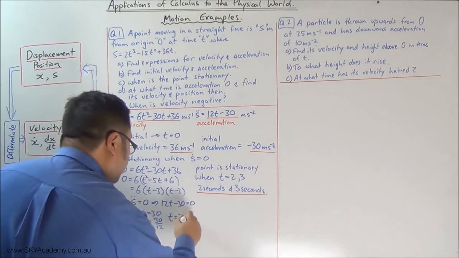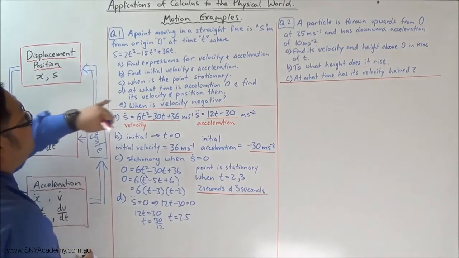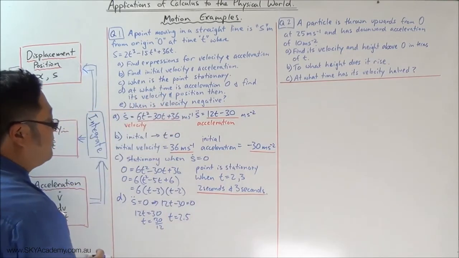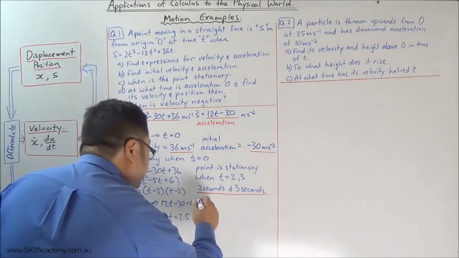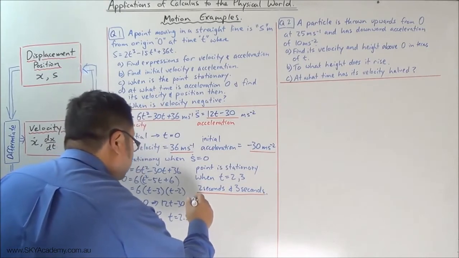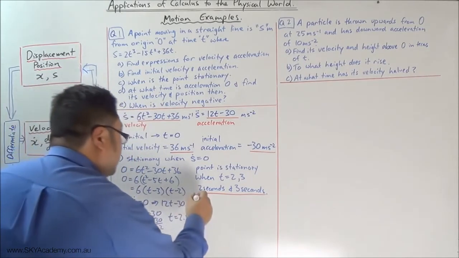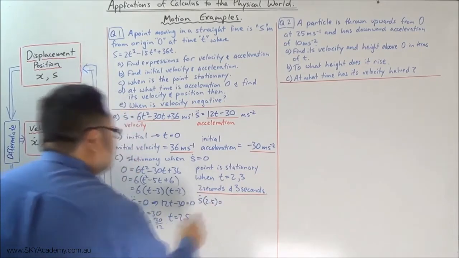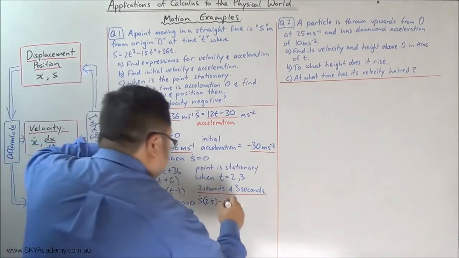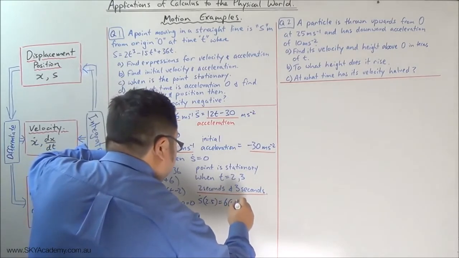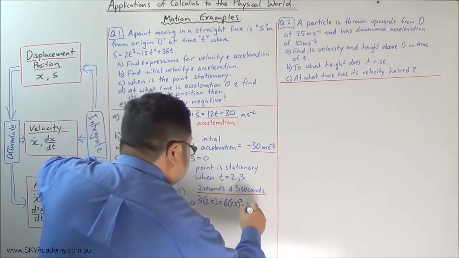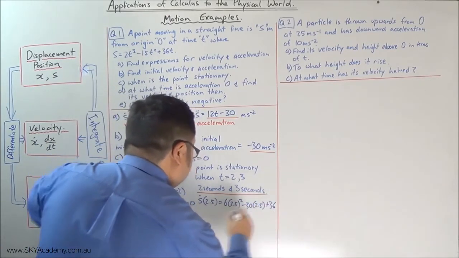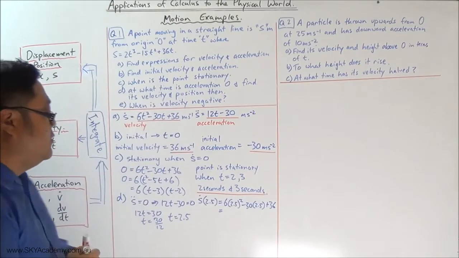t equals 2.5. Now, we've got to work out the velocity and position then. So what we need to do is work out the velocity at 2.5. That's 6 outside of 2.5 squared minus 30 times 2.5 plus 36.